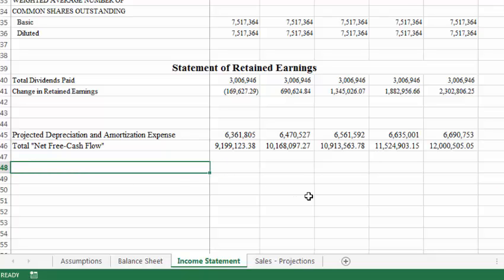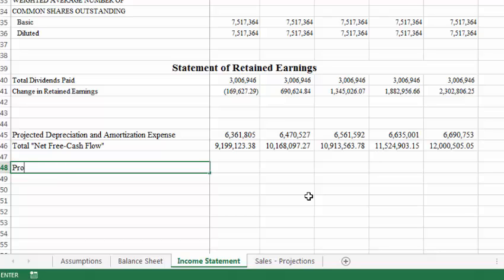I'm going to skip down here a little bit and say, therefore, these are my net free cash flow per share.